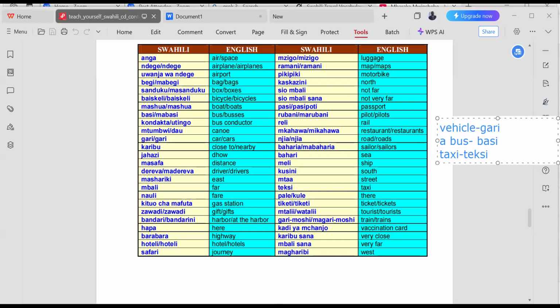You can equally travel using a public service vehicle, which you call PSV. We call them gari ya umma.